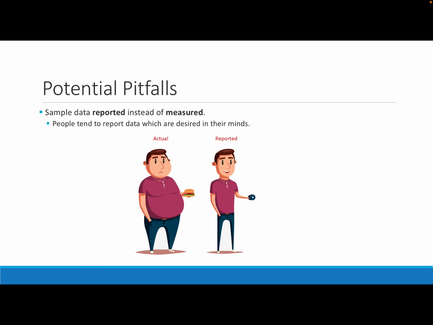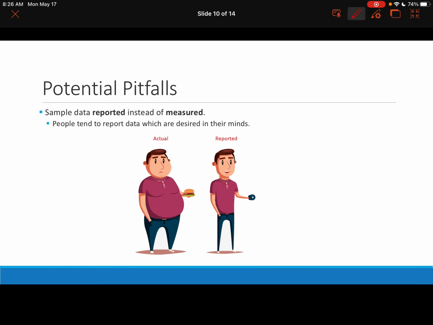So that's the actual weight, and you report something like this. So this is not accurate, and if you use that data, you get wrong results. So if possible, do the measurement yourself instead of getting the number from the respondent.